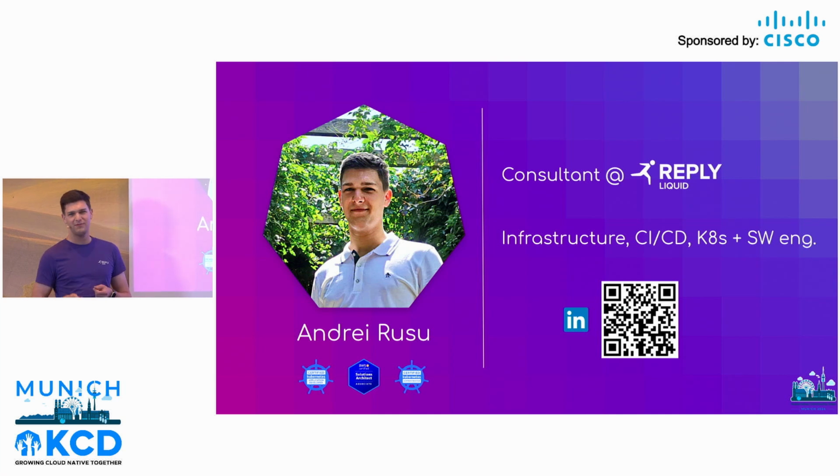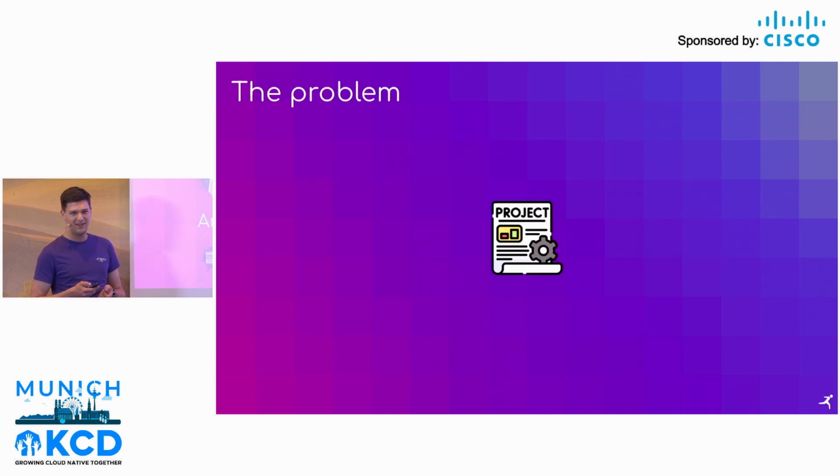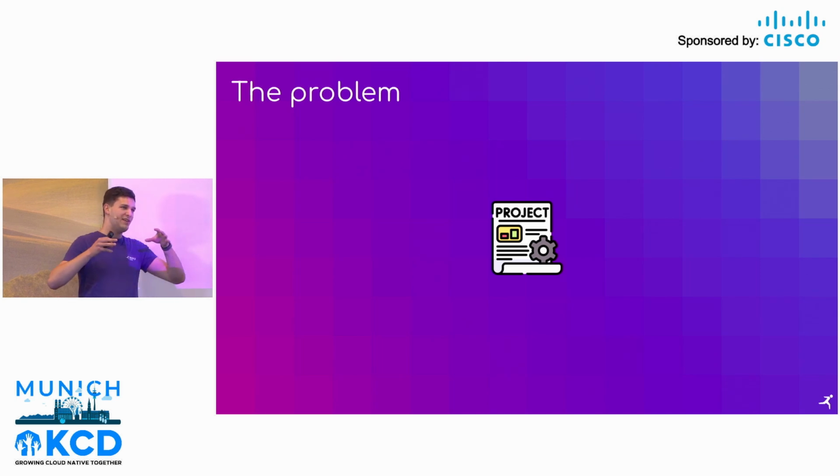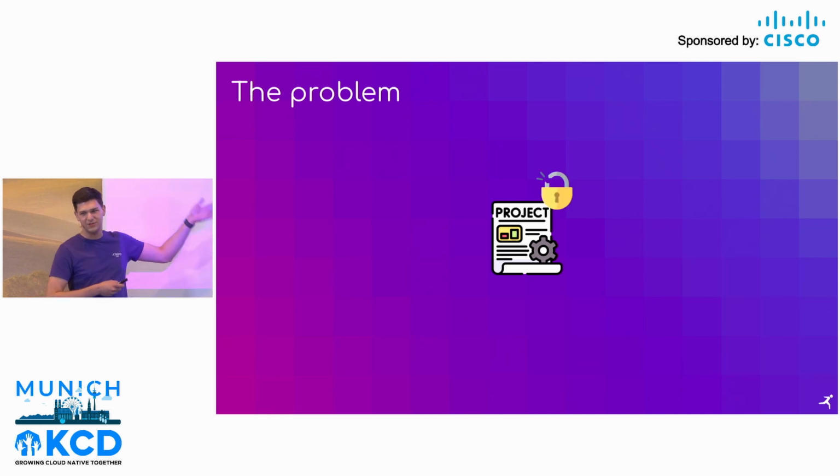The problem that I want to talk to you about today is: imagine that you're building an open source project. You're creating a repository and you have some functionality in mind, and you focus on that initially. So you probably don't have any kind of security, or maybe very minimal, and you're probably not following best practices.